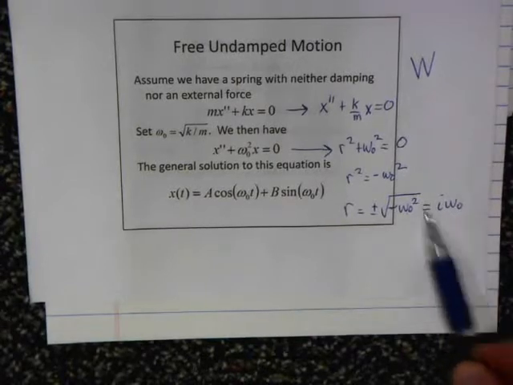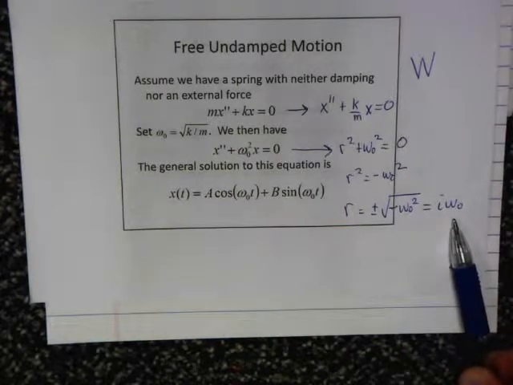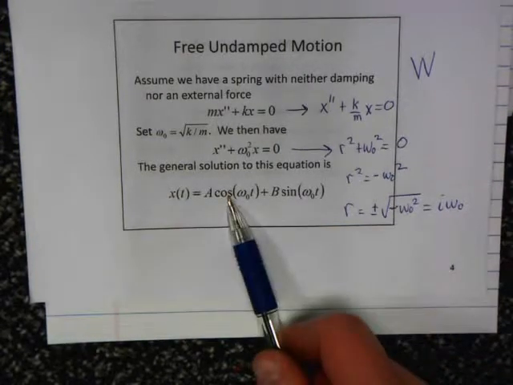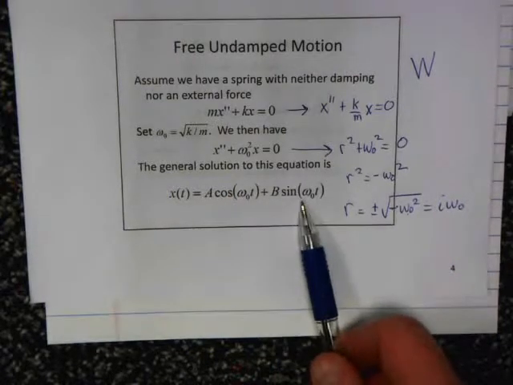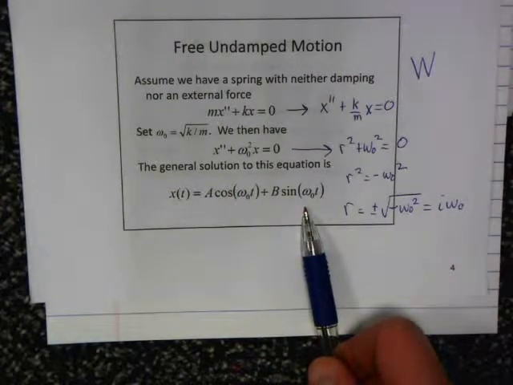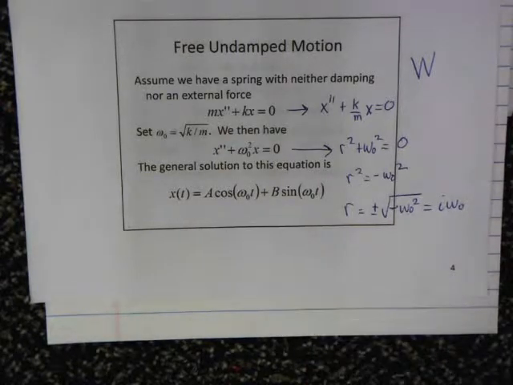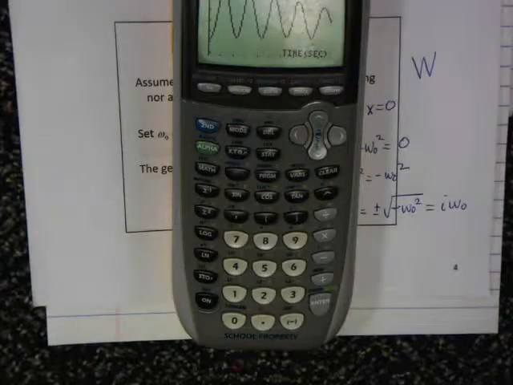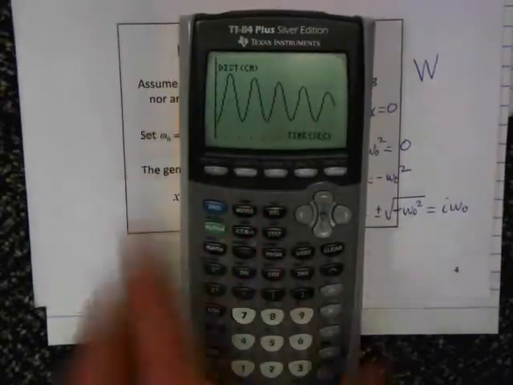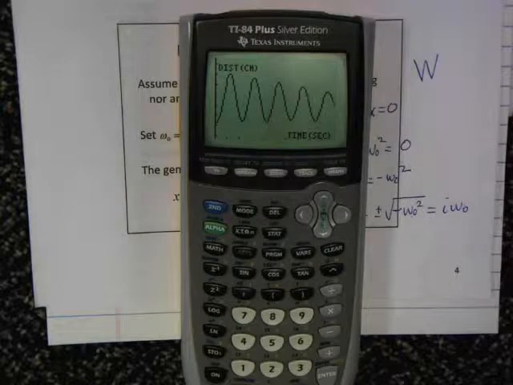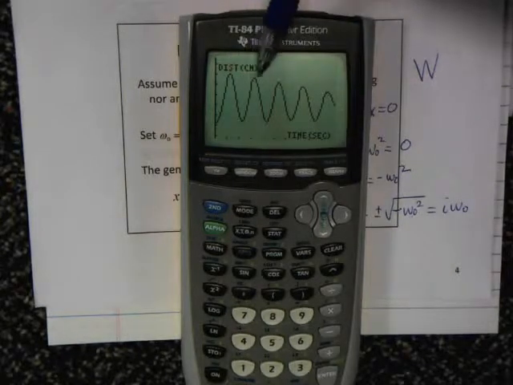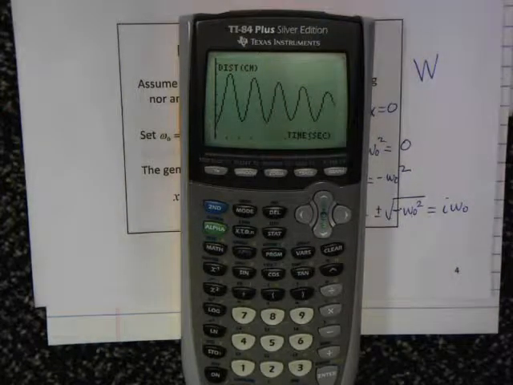So when we get complex solutions, what happens? You get a cosine and a sine. Now, I want to go back to this answer that I got here. This one had a damping factor, so that's why the amplitudes decrease as you go. What's going to happen if it's not damped?